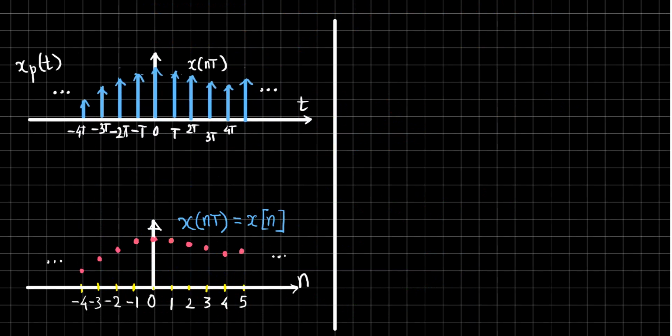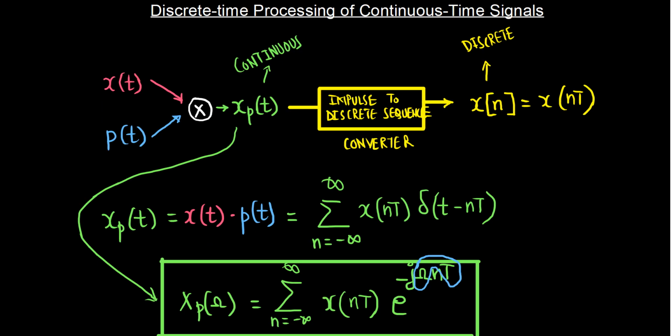So this signal x of nT or x of n is actually obtained from this signal by retaining only the amplitude values, and this process, as we have called, is the impulse to discrete sequence converter.